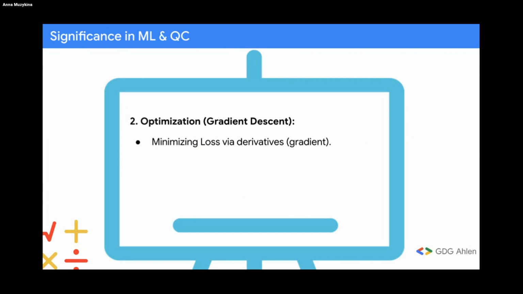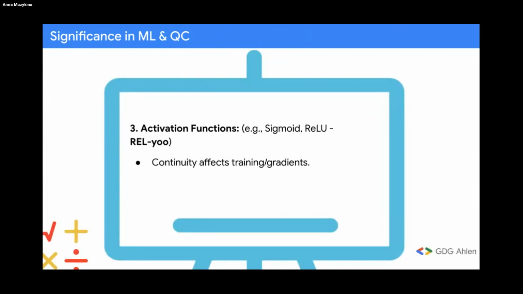This relies entirely on derivatives, hence limits. Activation functions. Analyzing neural network functions like sigmoid or ReLU requires understanding continuity and limits, which affects gradient flow during training.